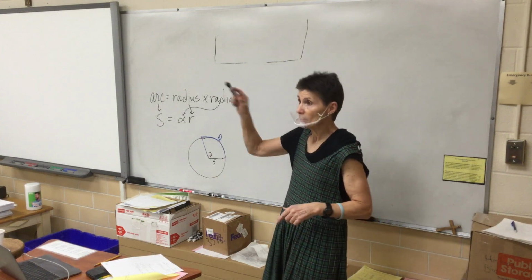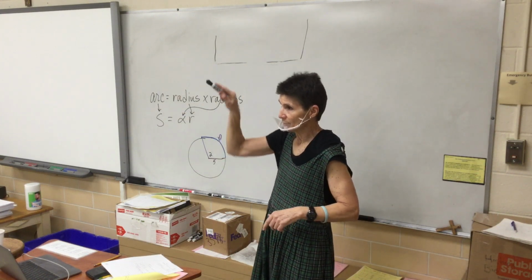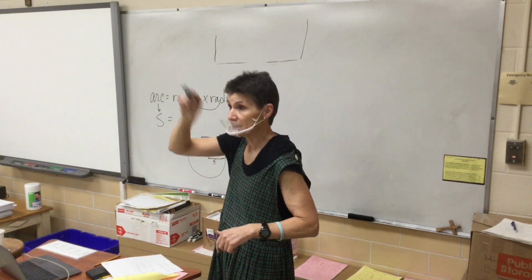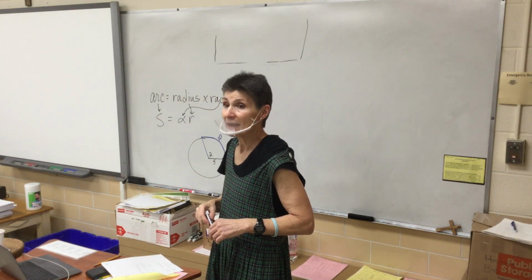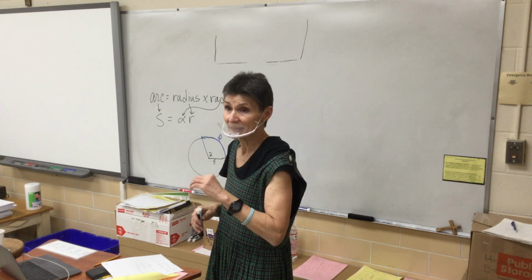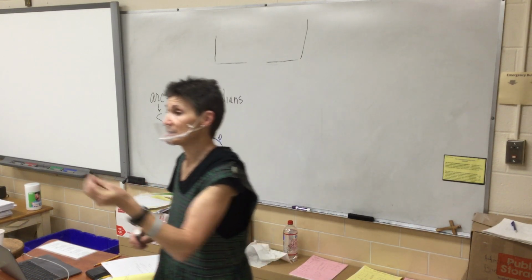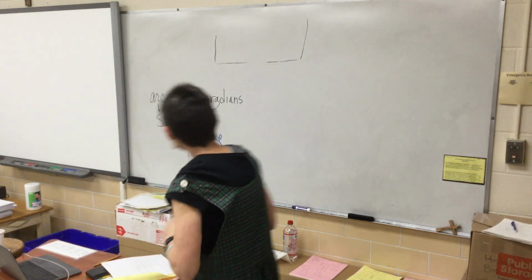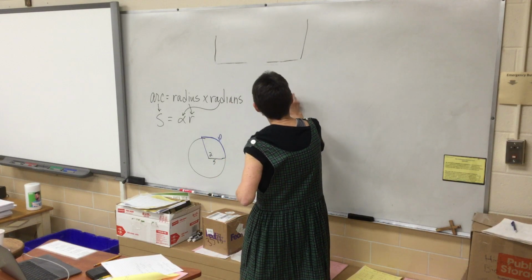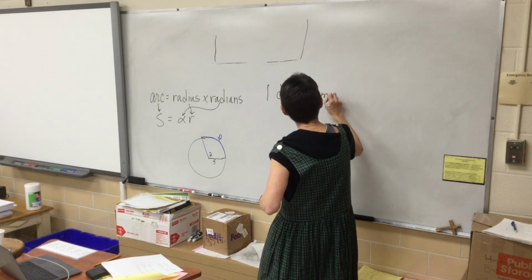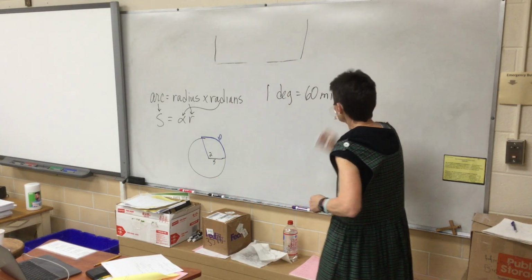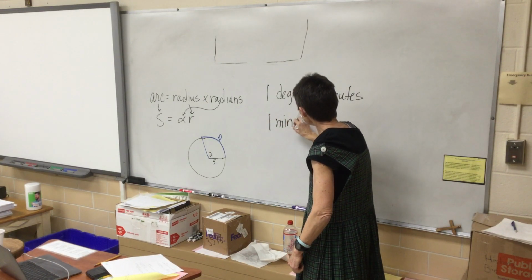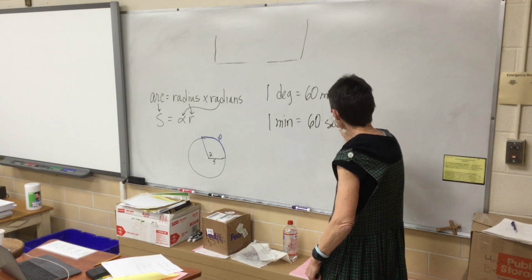An hour on a good old-fashioned round clock is 360 degrees, the whole thing. But in an hour, it's 60 minutes. So is a degree. So 1 degree equals 60 minutes, and 1 minute equals 60 seconds.